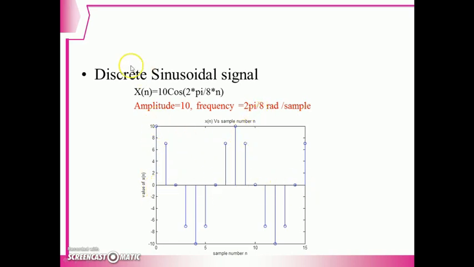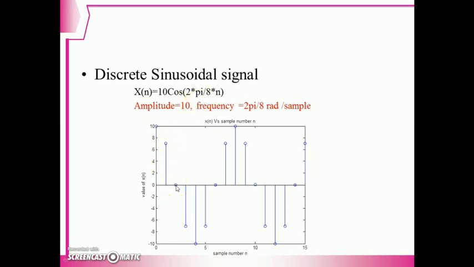This shows the typical plot of this waveform in MATLAB. For n equal to 0, cos 0 is 1, so the amplitude is 10. For n equal to 1, the amplitude is 10 cos 2 pi by 8 into 1. So 10 cos 2 pi by 8 is the value.